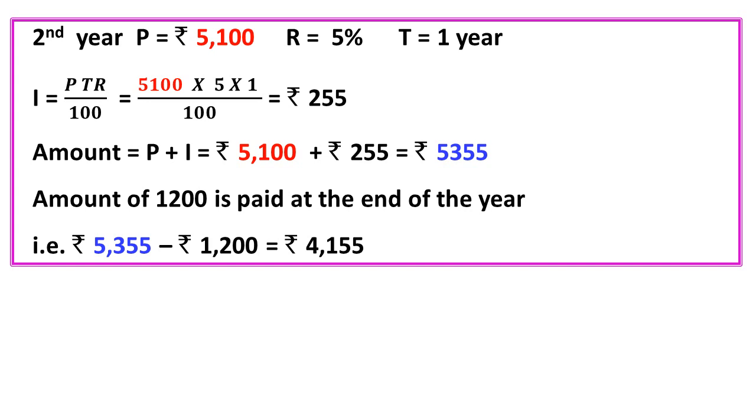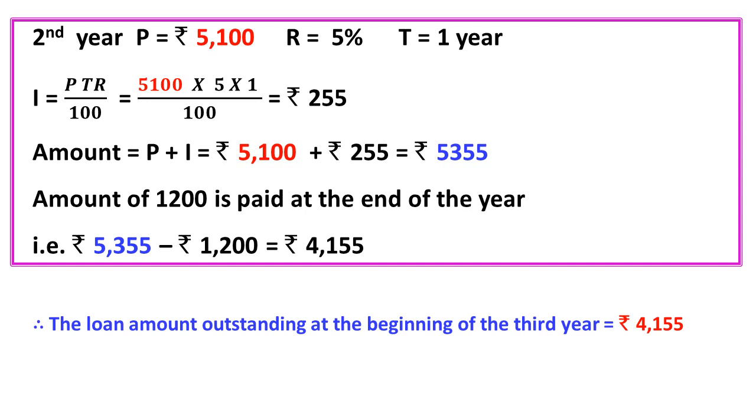What is the remaining amount that he needs to pay? So the amount at the end of the second year is same as the loan amount outstanding at the beginning of the third year. Therefore, the amount outstanding at the beginning of the third year is rupees 4,155.